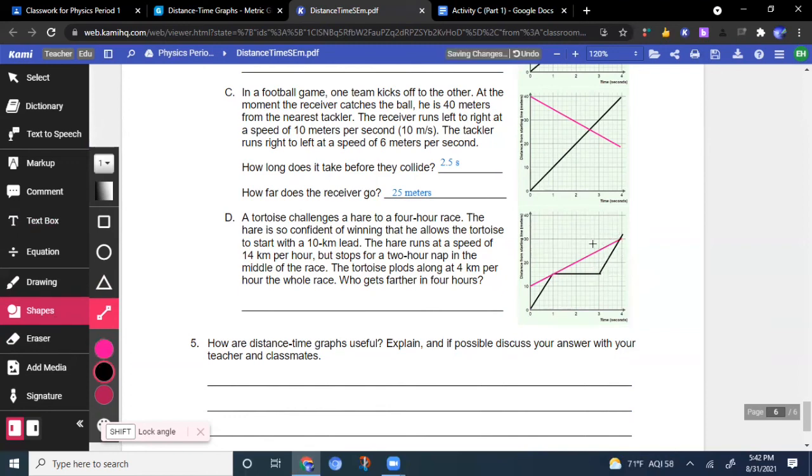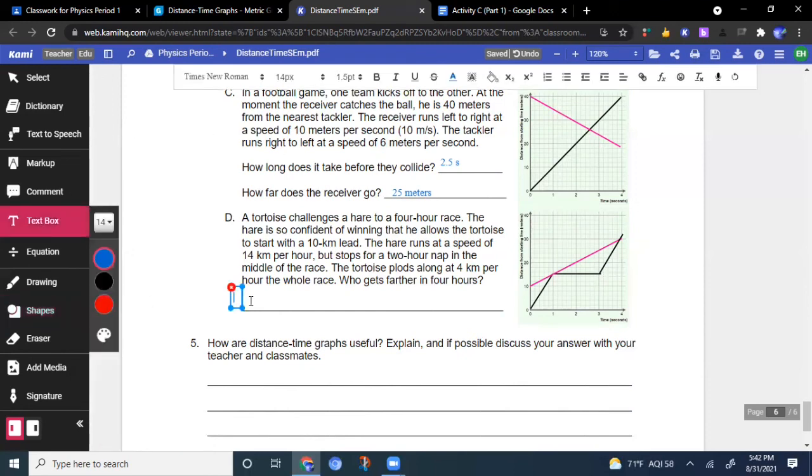About 28, yeah. The tortoise is about 26. The hare, about 28 kilometers, goes farther than the tortoise.